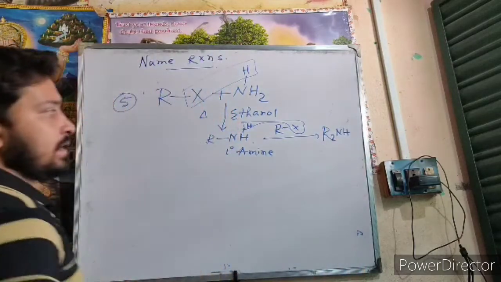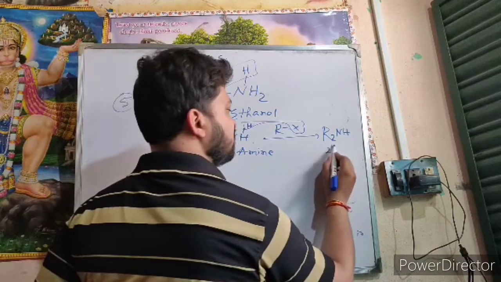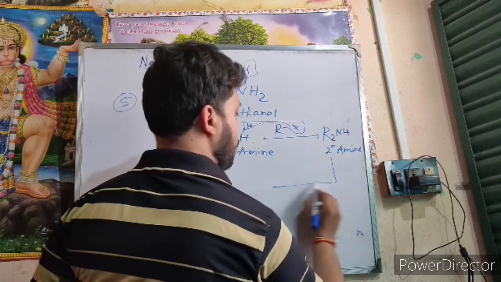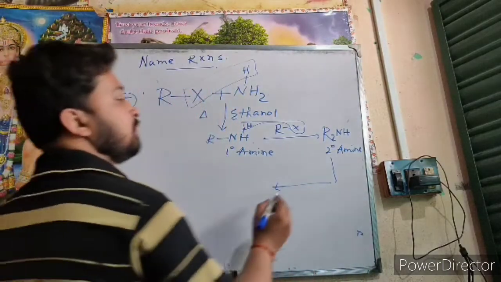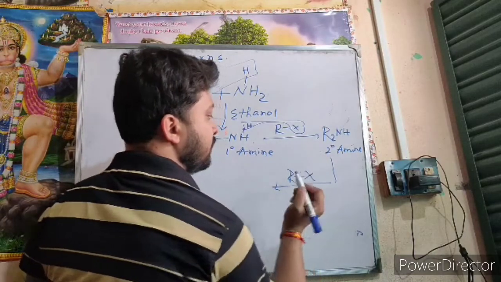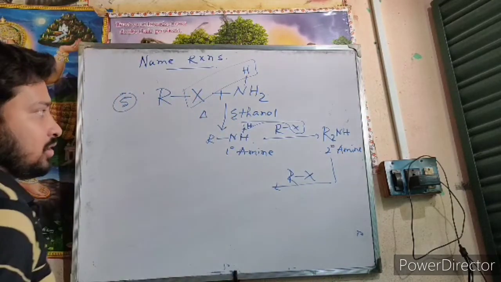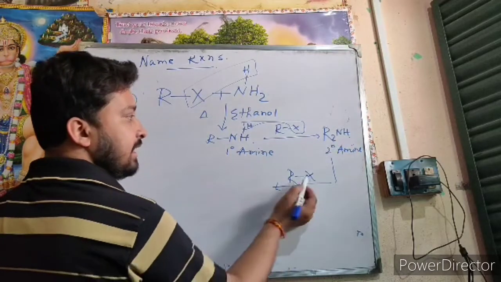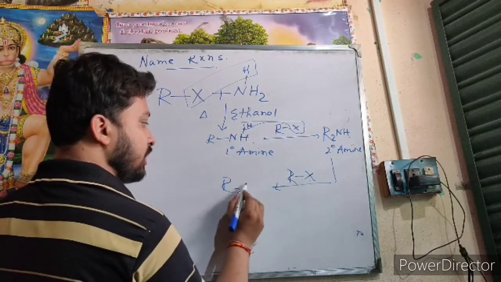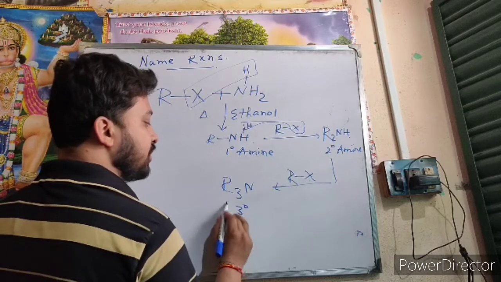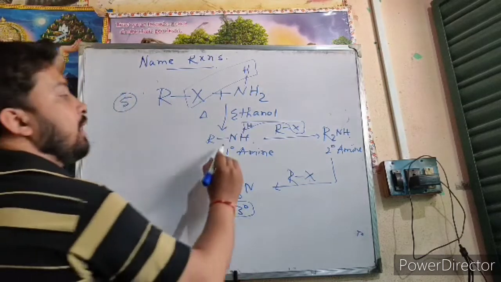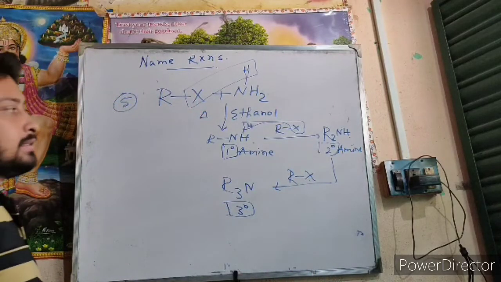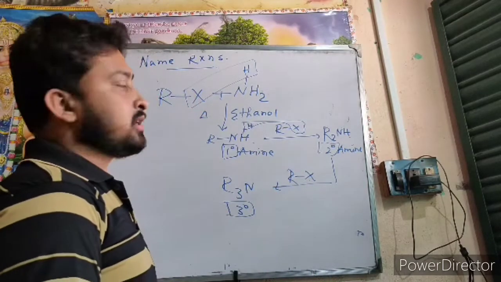This is a 2 degree amine. Then you react with RX again in the presence of ethanol and heat. H is removed with X, and the product is R3N. This is a 3 degree amine. 1 degree amine, 2 degree amine, and 3 degree amine. This is the Hofmann ammonolysis reaction.